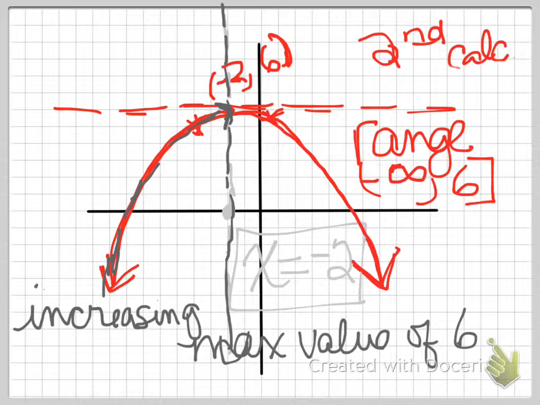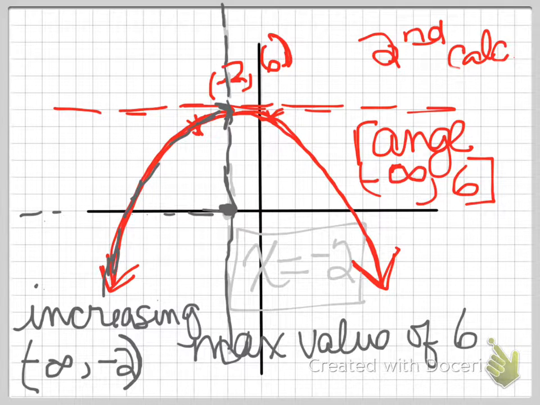So we're increasing here, starting at negative infinity along our x-axis, and we keep increasing and we keep increasing until we get to what point? Until we get to negative 2. Okay? And another thing that you need to recognize is that you would only use a parenthesis. And that's because at our highest point, are we increasing? No. We're at the top of that ski slope. And so we are neither increasing nor decreasing up there. So you use a parenthesis.